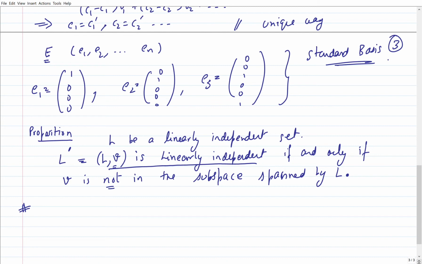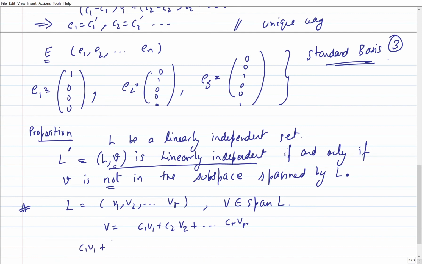So say your L was V1, V2, VR, and consider if V belongs to the span of L, well then V can be expressed as a linear combination like this, and then we have a linear relation. We have C1 V1 plus C2 V2 CR VR minus V equals to 0.